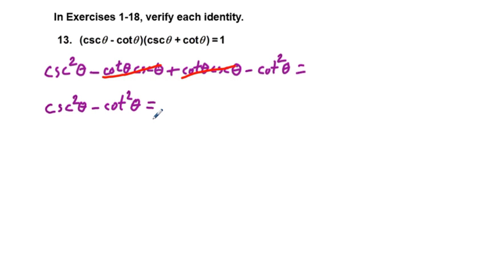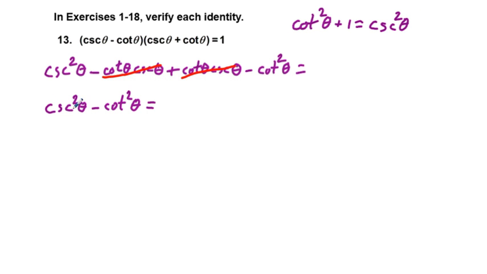What we can do is replace, if we look at our trigonometric identity, we have cotangent squared theta plus 1 equals cosecant squared theta.